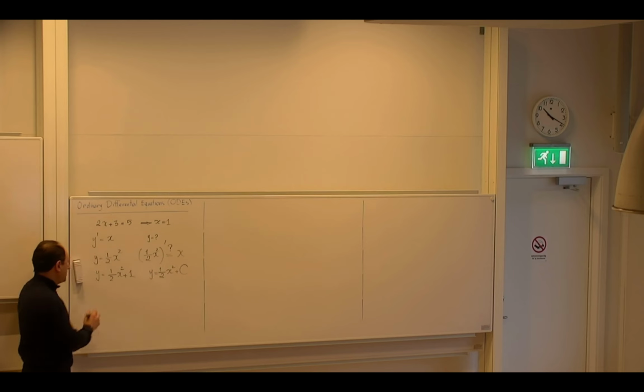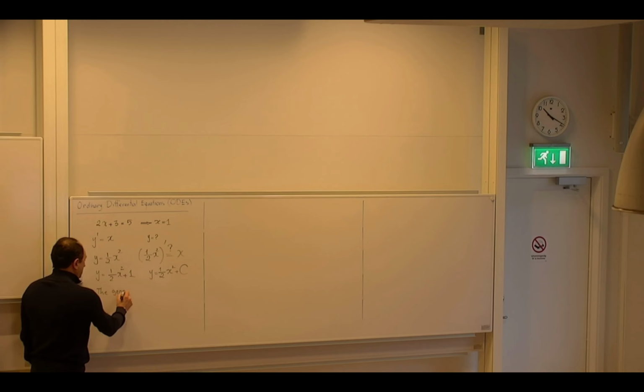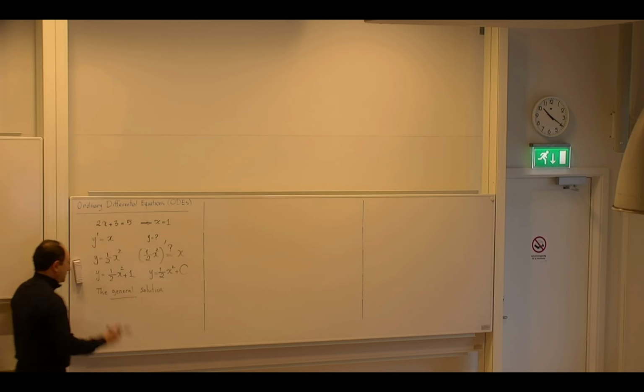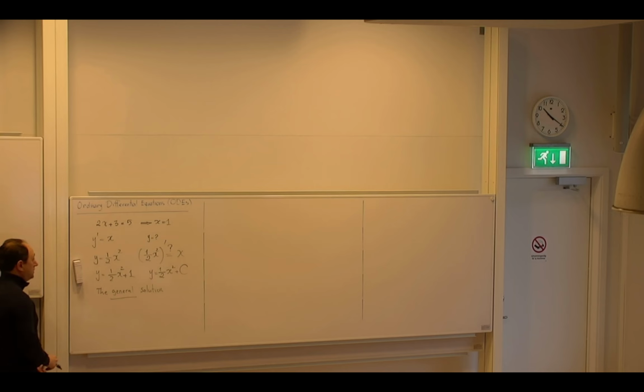And then I want to talk about the general solution now. What do we mean by a general solution? In order to understand the general solution in this context, first I need to introduce what I mean by the order of a differential equation. Every differential equation has an order.